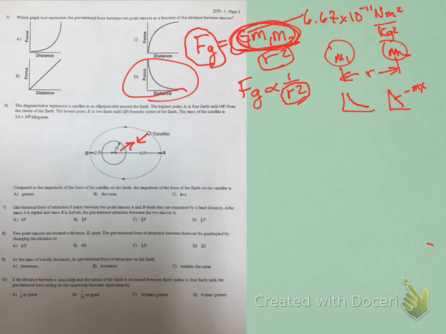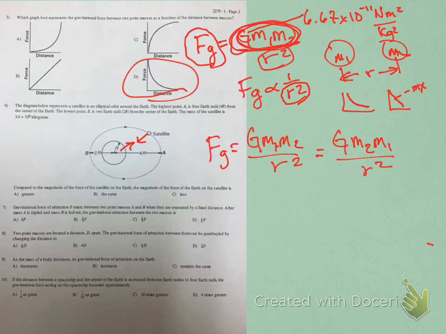I mean, you can use this equation if you want and show that this, if 1 is the satellite and 2 is the Earth, if I wanted to find the other force, all I'm doing is basically rearranging the order of the multiplication, which doesn't change the answer. They're both the same. Or you could just use Newton's third law for every action, equal and opposite reaction. So that is a trick question.